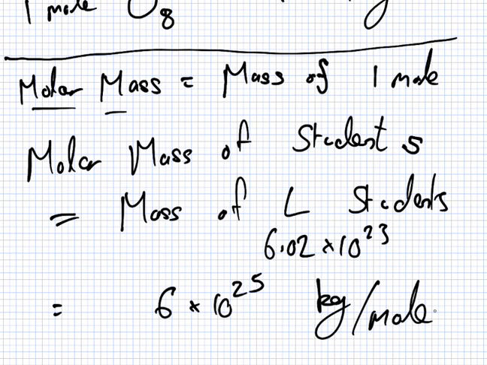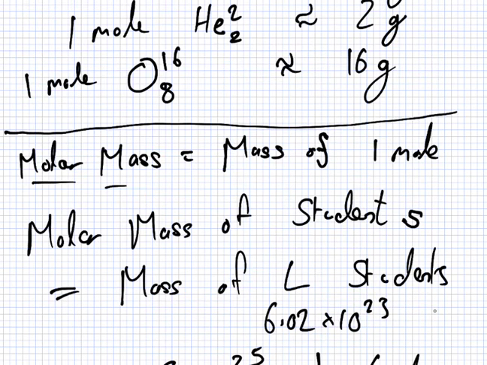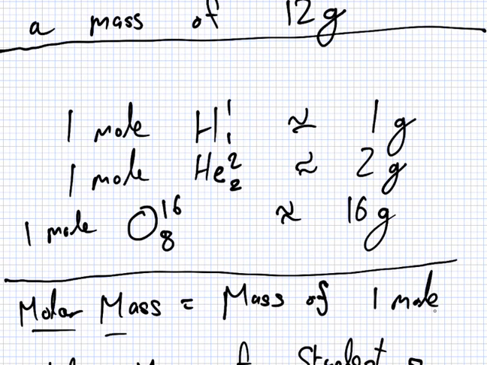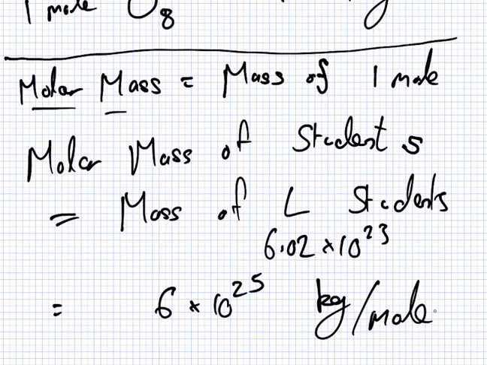It's huge. What's the molar mass of hydrogen? Well, if you look back here, not 1, but 1 gram, because when I have 1 mole of hydrogen, I have 1 gram. And what's the molar mass of oxygen? 16 grams, because 1 mole will be 16 grams. I'm a little bit worried, has it been a while since you did this? Okay, it's fine.